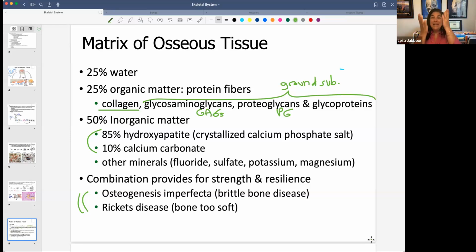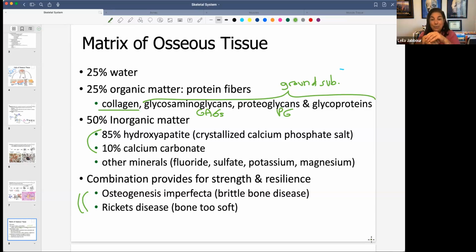So when there is an imbalance, too much of one, not enough of the other, you end up with a disorder. And I mentioned two as clinical correlations here. It's always nice to see the consequence of an imbalance, so you realize how important all of these molecules are in the tissue.